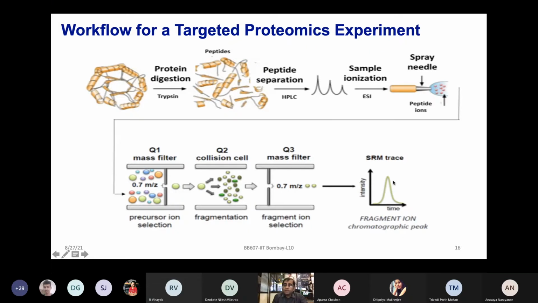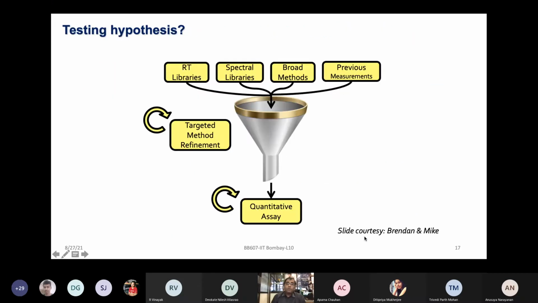Based on these, what you generate is this kind of selected reaction monitoring trace, looking at the time versus intensity scale of these fragment patterns. So where we are leading now is to test our hypothesis. We made some broad hypotheses from our previous discovery experiments, and now we are thinking how to validate those targets.